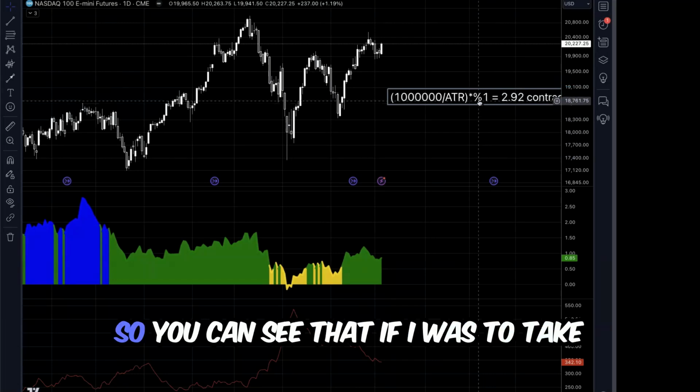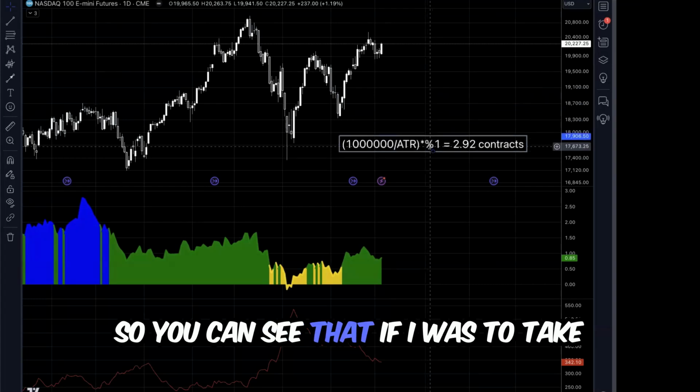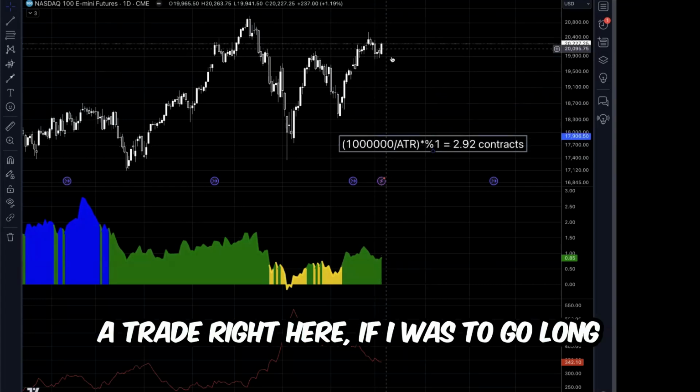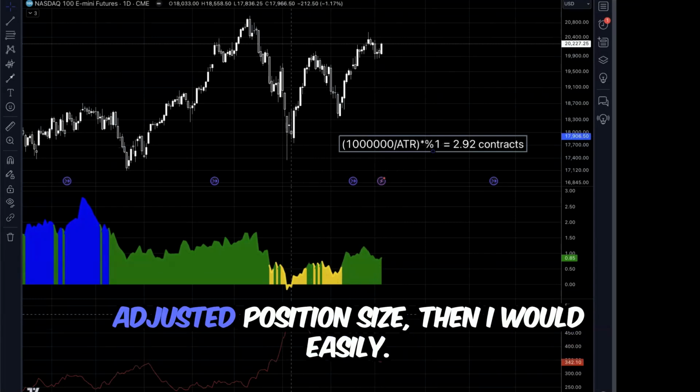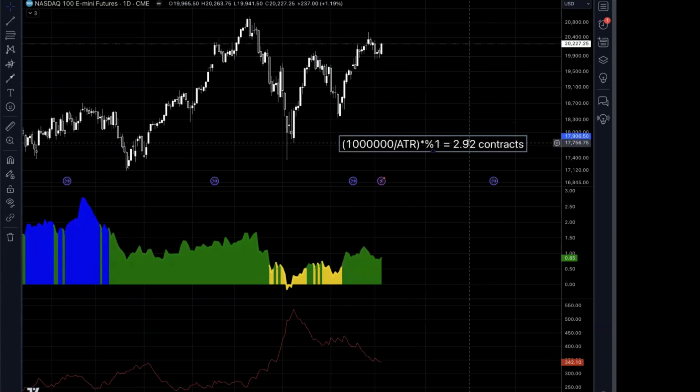So you can see that if I was to go long and I was willing to risk 1% with a volatility adjusted position size, I would easily get that figured out.